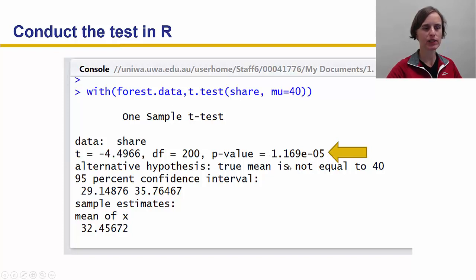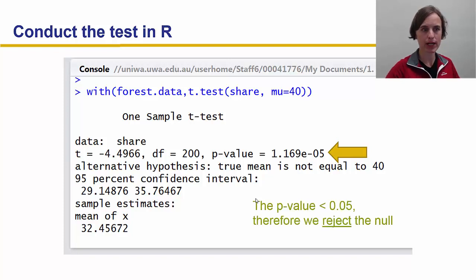So the p-value is a certainty value, and we compare that to our alpha that we're interested in. So in our case, we said we accepted an alpha of 0.05, but the p-value here is smaller than 0.05, and therefore we reject the null.